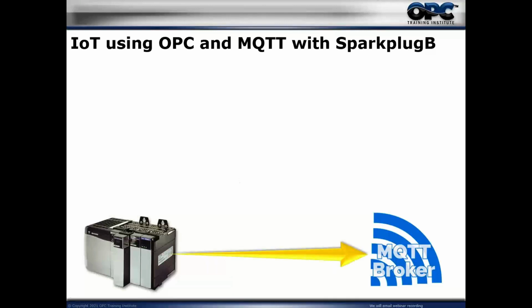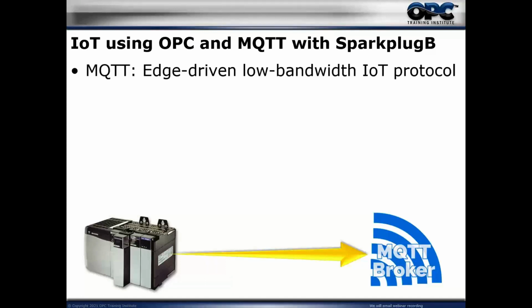So let's talk about Internet of Things, IoT, using OPC and MQTT with SparkplugB. Now, what is MQTT? MQTT is a very low bandwidth protocol that is what is known as edge-driven. By edge-driven, what it means is that the equipment at the edge, for example, your SCADA devices, your RTUs, whatever device you have, is actually initiating communication to send data to a broker, to the central location.